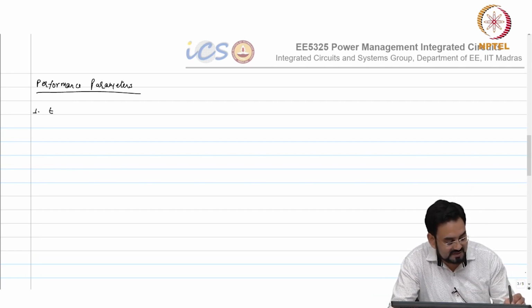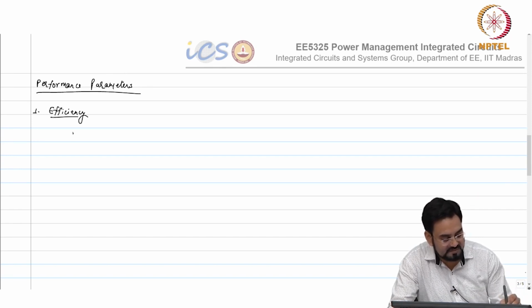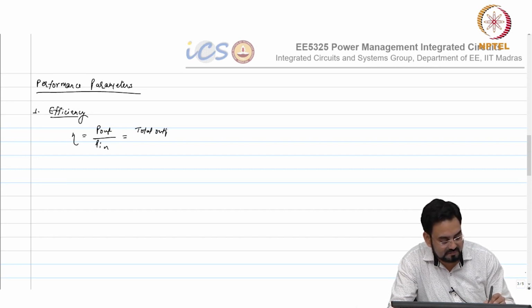The first one is obviously efficiency, which is measured by this formula: P out over P in, where P out is total output power and P in is total input power.